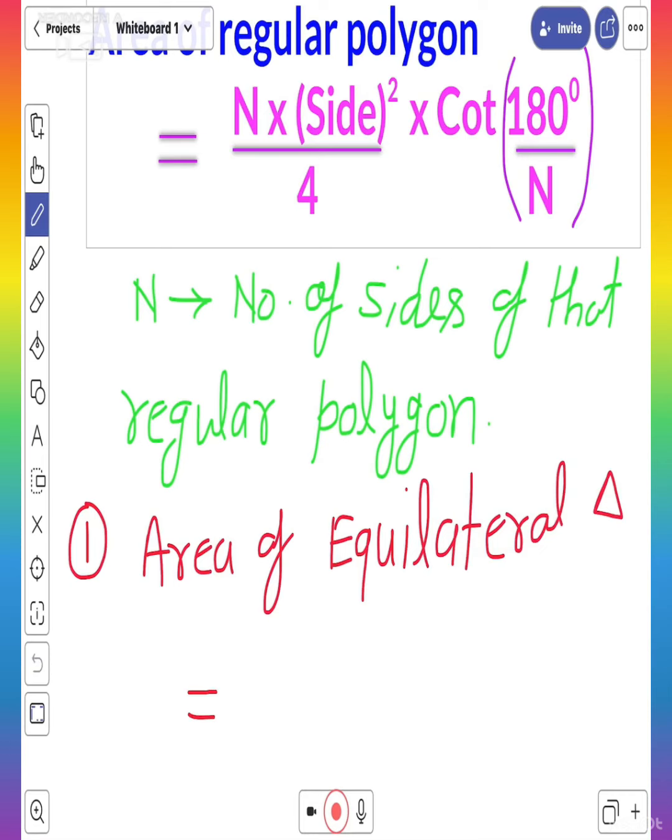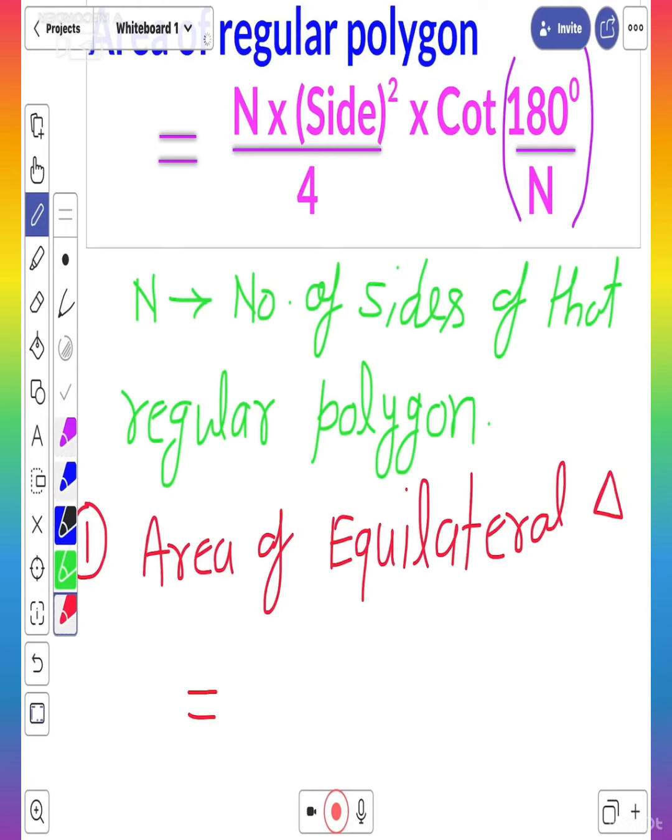You see here in the formula, this is n into side. So in the triangle how many sides? 1, 2, 3. So you will put 3 in the place of n and the other things are the same.